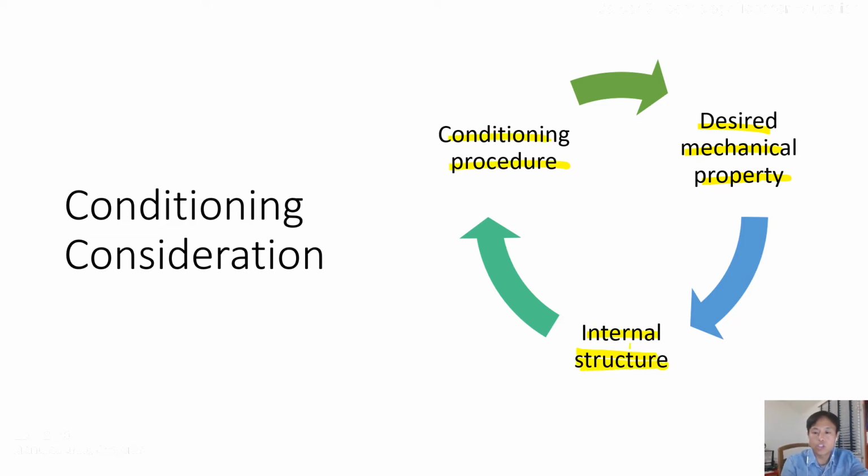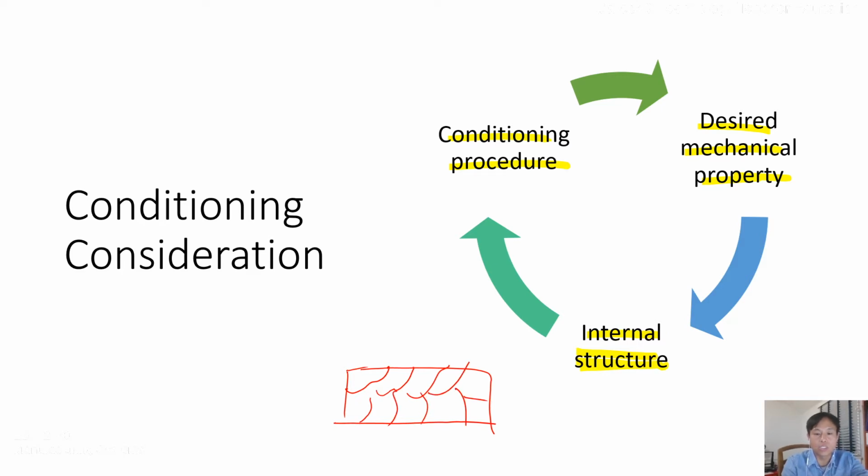Internal structure is related to the conditioning process because, for example, each metal has different internal structures. Most metals have metallic bonding, but depending on the manufacturing process, metal has different crystalline grain patterns inside.